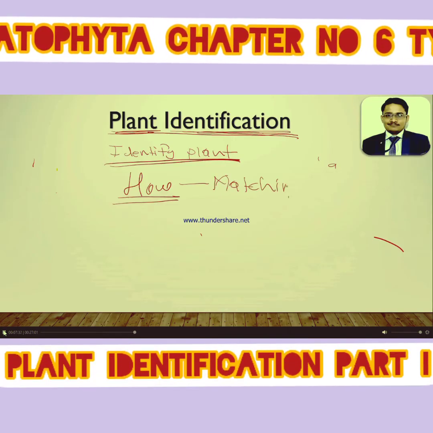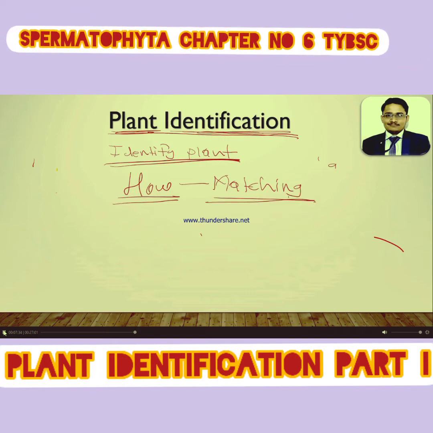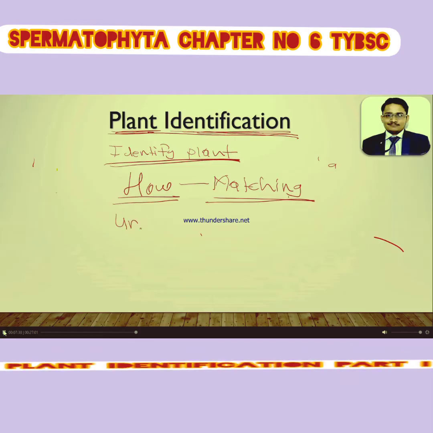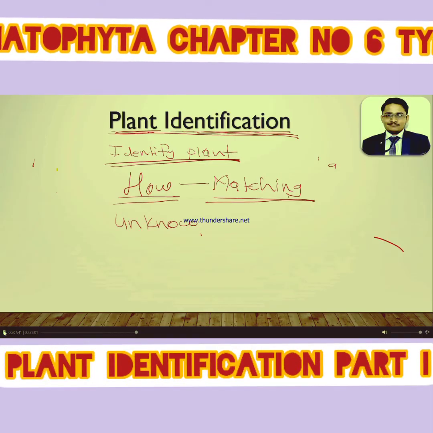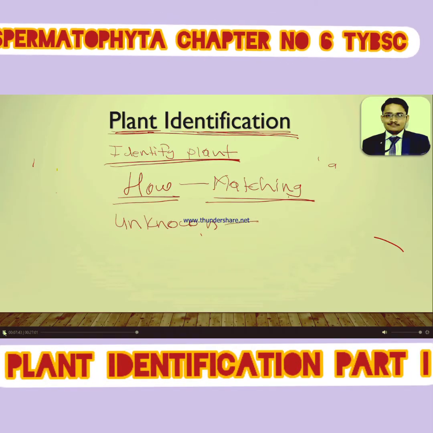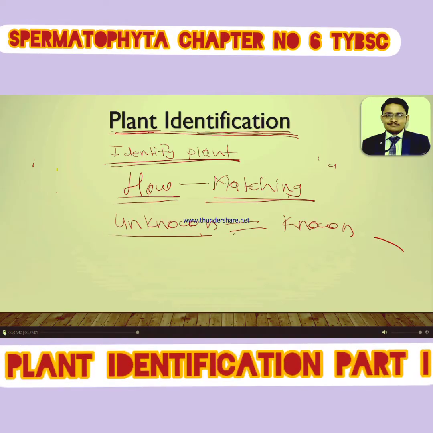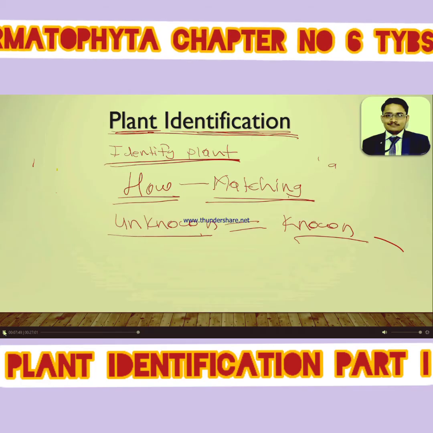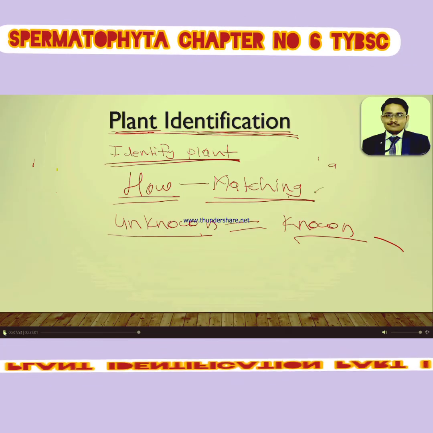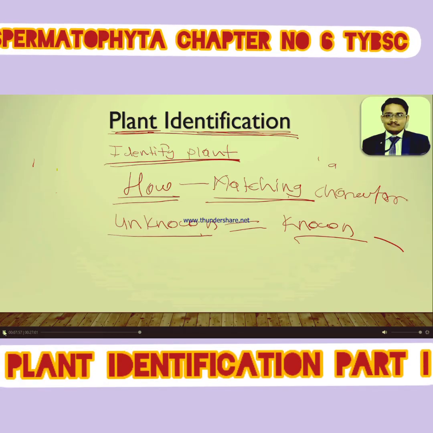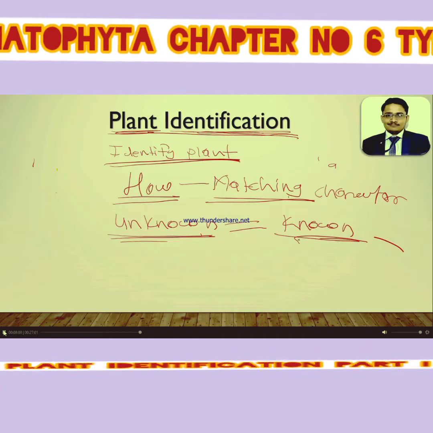Matching process means matching the unknown with the known. Plant identification can be done by matching the characters of an unknown plant with a known plant.